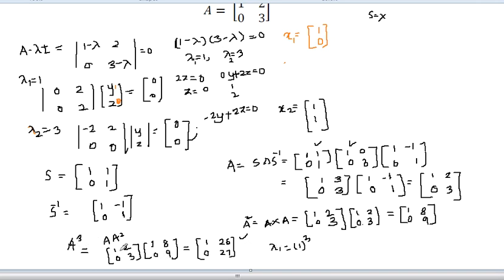Let's check whether the eigenvalues of this A cube, let's say λ1 dash, is equal to λ1 cubed or not. And even λ2 dash, the second eigenvalue of A cube, whether it is equal to λ2 raised to 3 or not.